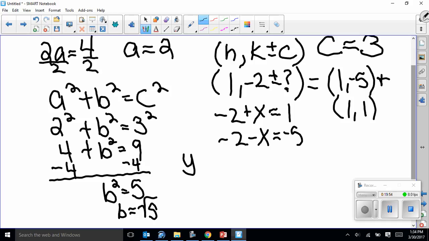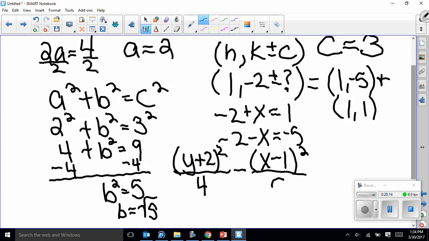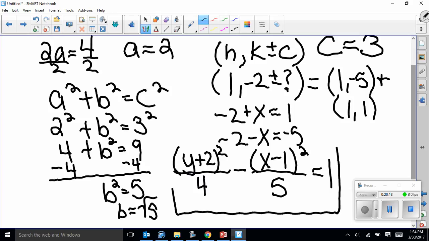So we have y minus negative 2, so (y plus 2) squared over a squared, so 2 squared, which is 4, minus (x minus 1) squared over our b squared, which is 5, equals 1. So the equation for this particular hyperbola with those characteristics is that.